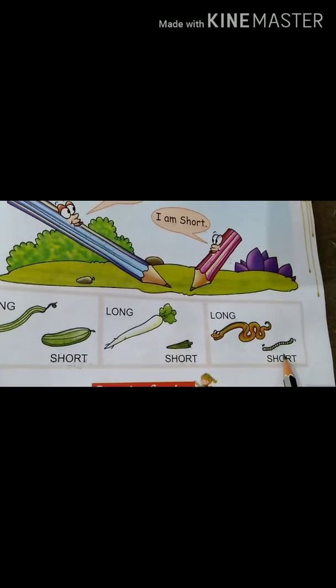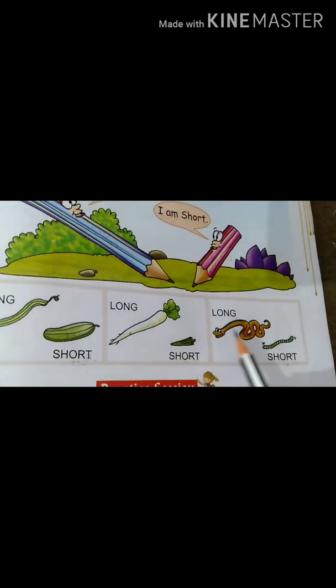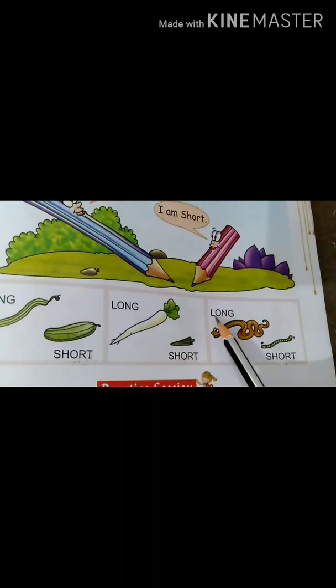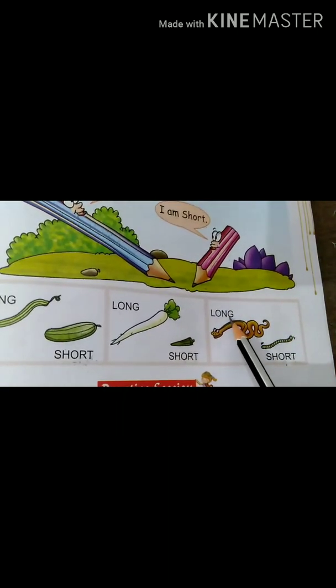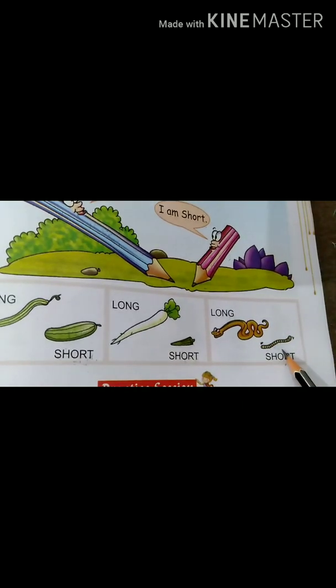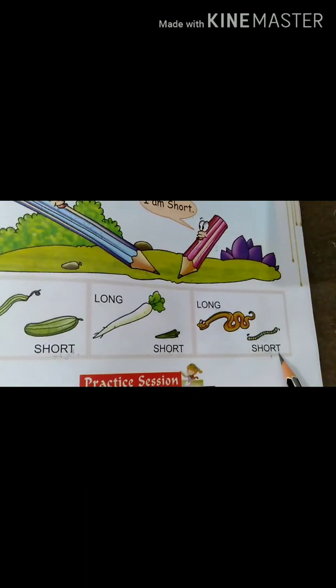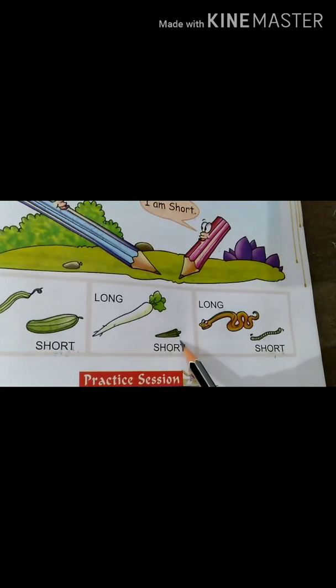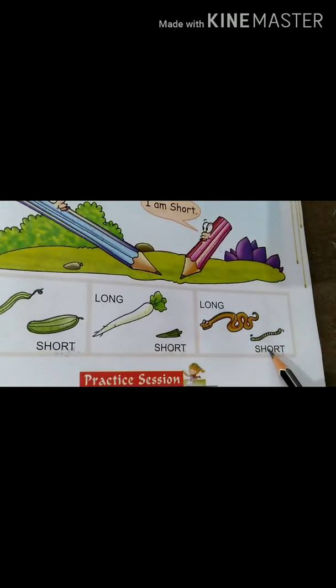This is a snake. And what is this? This is earthworm. Snake is long, and earthworm is short. Okay? All of you learn the spelling of long and short.